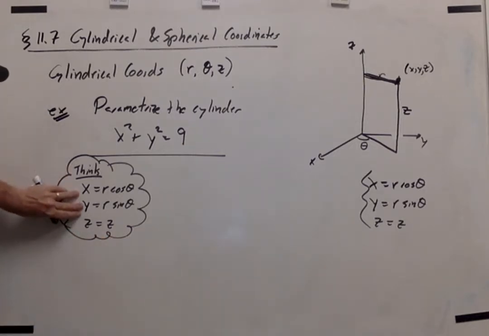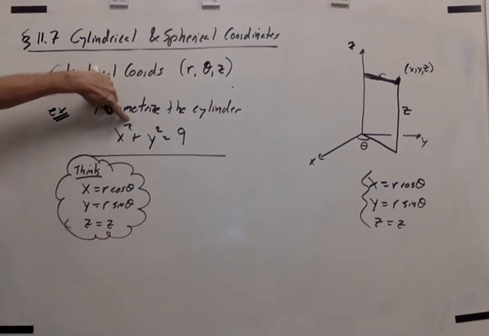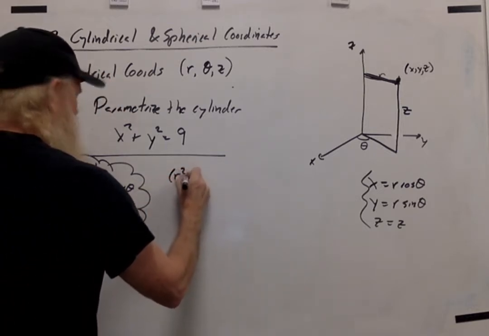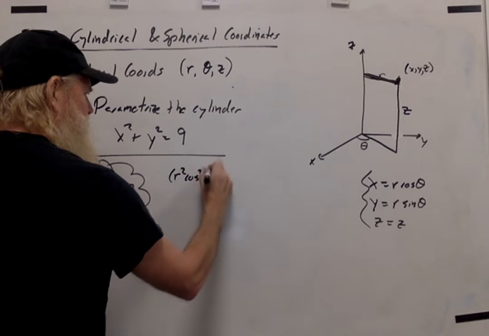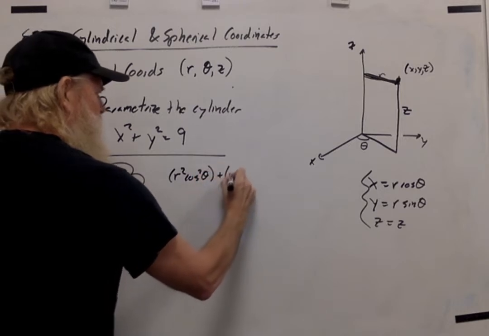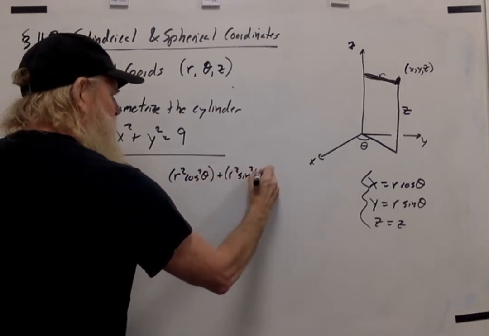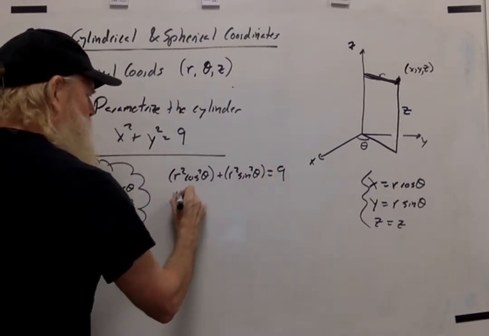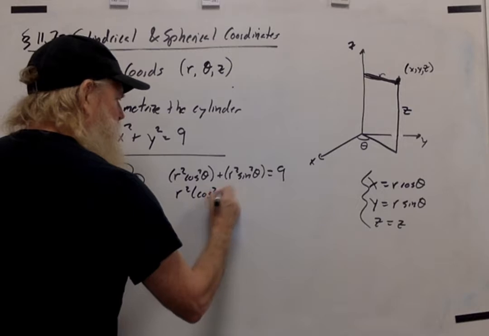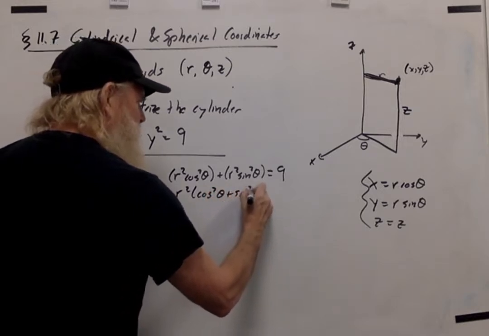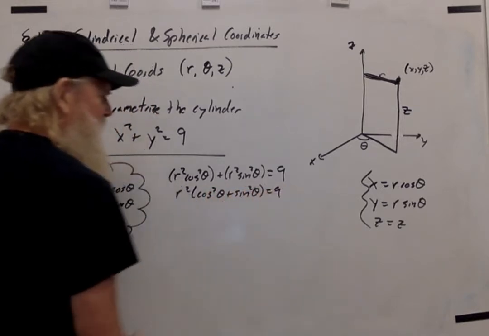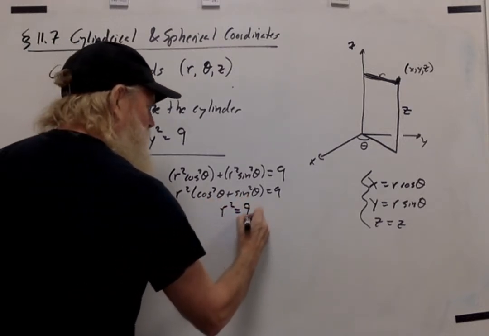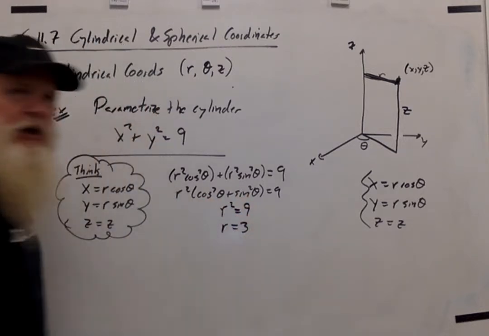Then we substitute this into the equation which is given. So substituting in, I have r squared cosine squared theta plus r squared sine squared theta equals 9. So that's r squared times cosine squared theta plus sine squared theta equals 9. Since cosine squared plus sine squared is 1, r squared equals 9, so r equals 3.